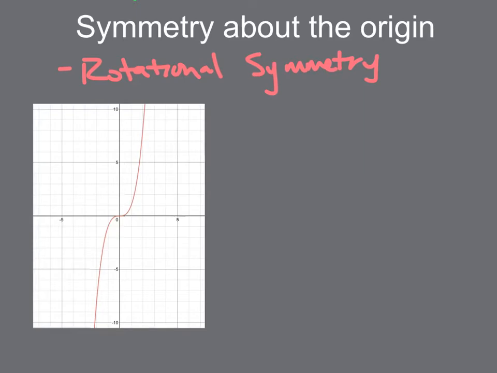I can't draw in any lines of symmetry on this function, but what we can do is rotate this around 180 degrees and get the same thing. We call that rotational symmetry. However, this is also called an odd function. And that's what an odd function means, that it's symmetric to the origin.